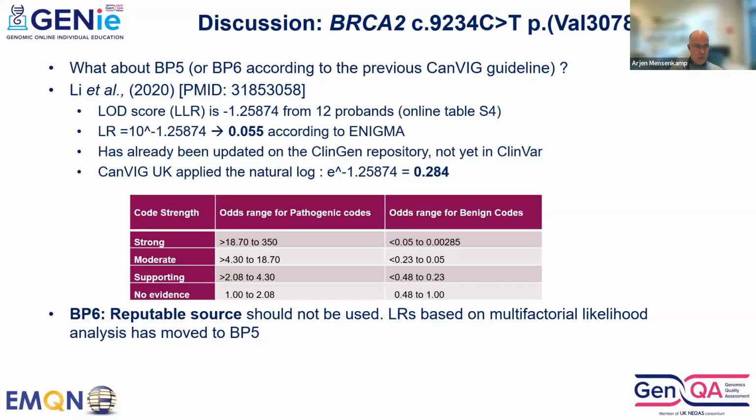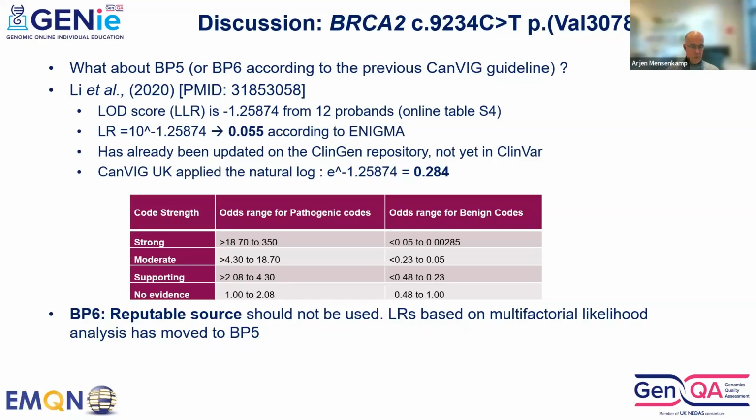However, it is not always clear whether you have to use a natural log or a 10th log, as we have done here. CanVIG-UK has also converted this score into a likelihood score, but used the natural log, the e-log, and came up with a score of 0.284. So if you would like to use this likelihood score and try to translate it back into a code strength, you end up at different levels.